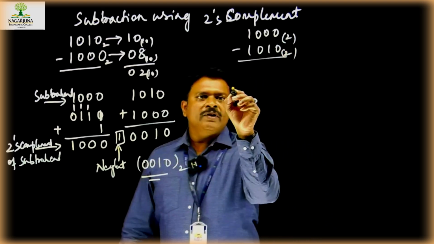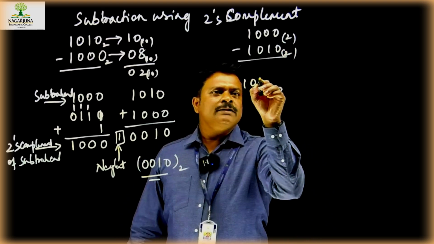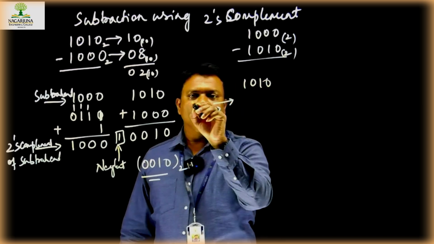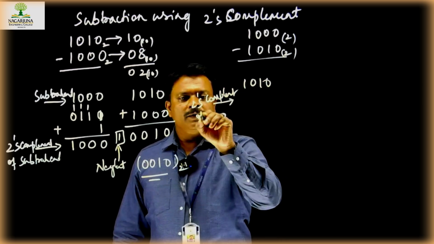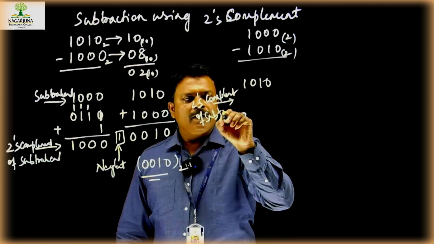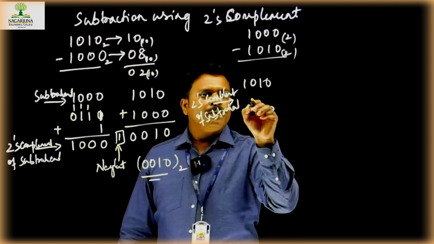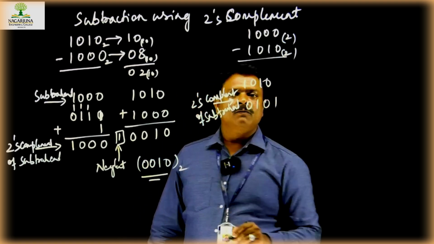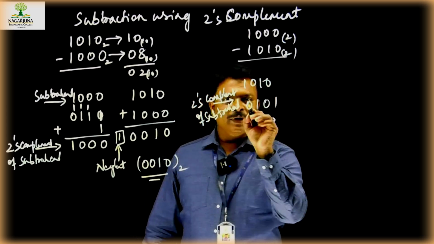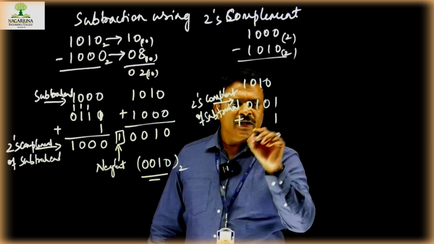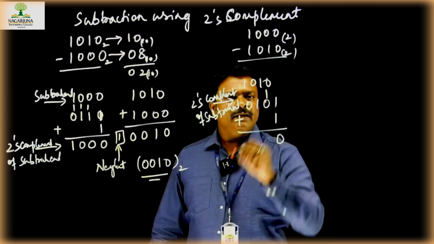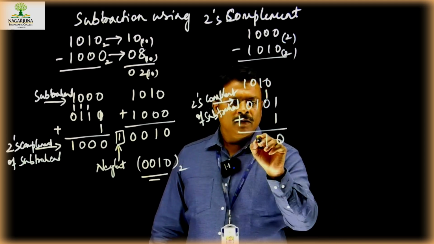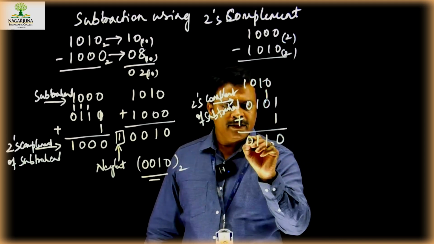Again, always you deal with your subtrahend, that is 1010. The two's complement of the subtrahend: the one's complement is 0101. Adding 1 to this is your two's complement. 1 plus 1 is 0 and carry is 1, so 1, again 1 and 0.